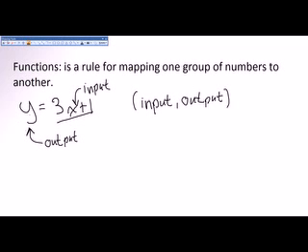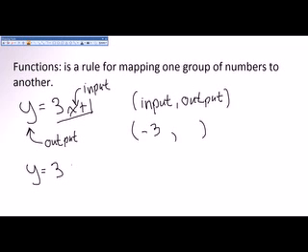So let's take an example here. If I'm using this function, y is equal to 3x plus 1, and I use the input -3, what output will I get? So pause the video and try substituting in -3 into x here. So let's see what value we're going to get for our output if I let x be equal to -3.